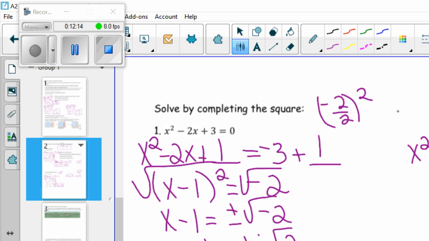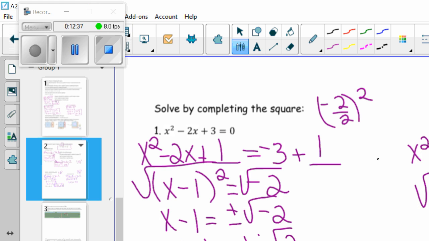Now I'm factoring this left-hand side into my perfect square trinomial. That factors to (x plus 2) quantity squared equals negative 8 plus 4, negative 4. Take the square root of both sides. x plus 2 equals positive and negative. The square root of 4 is 2, but the negative underneath the radical comes out as i.